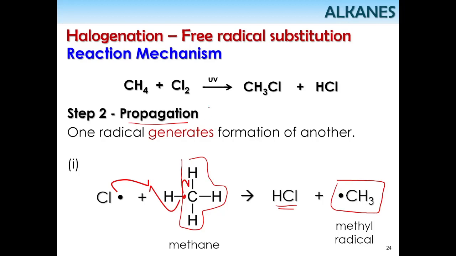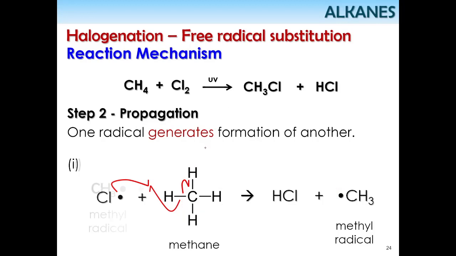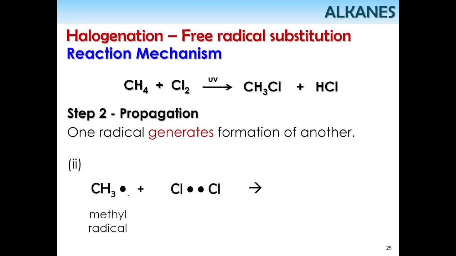And remember, propagation is 2, so it means there are 2 reactions. So one more reaction is this one. We take the product from the previous reaction, which is this one, and this one will react with another Cl2 which is available.